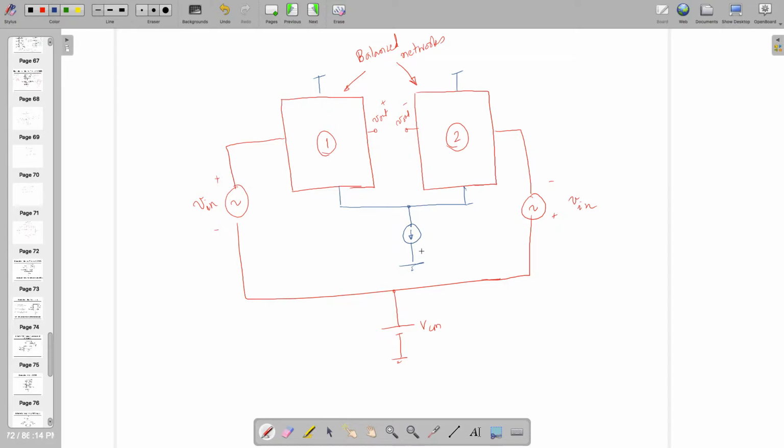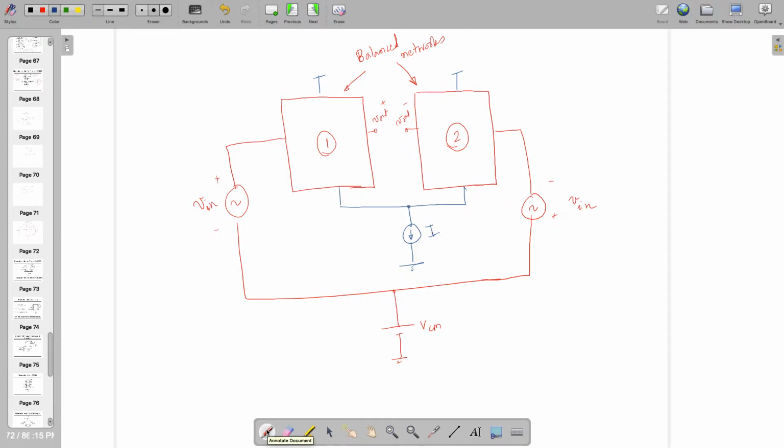The current depends on the tail current which is applied over here. If you are using an NMOS transistor, then such a configuration you are going to use. In case of PMOS, you are going to use a current source rather than the current sink over here. So that might change, and you have to look at that accordingly.